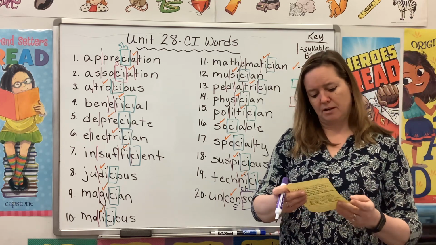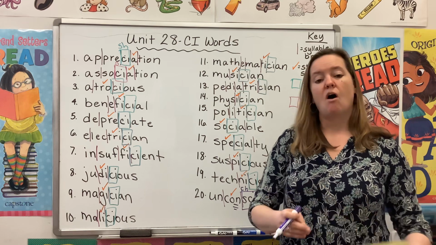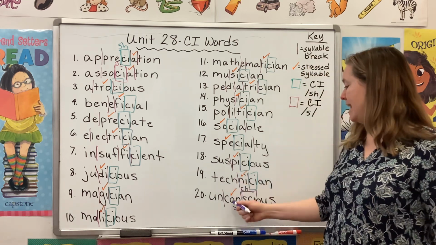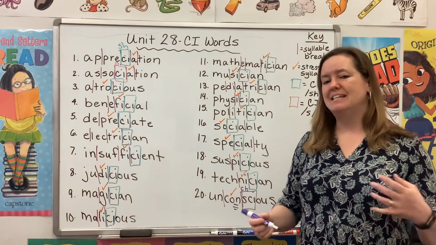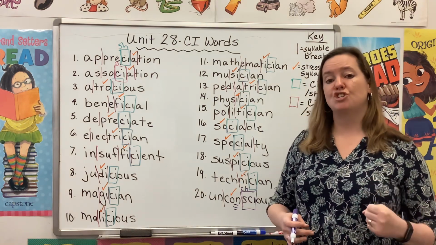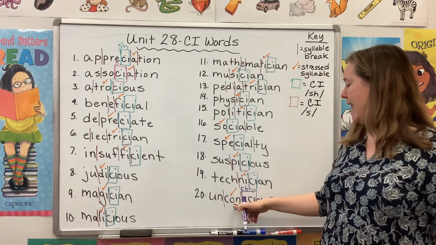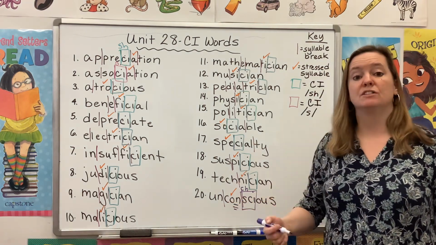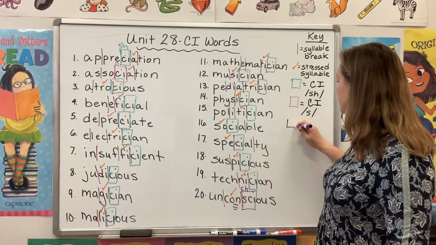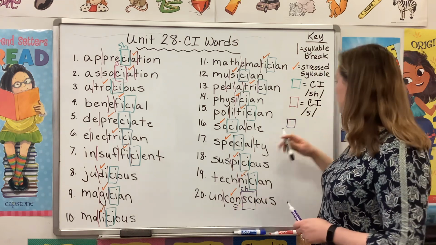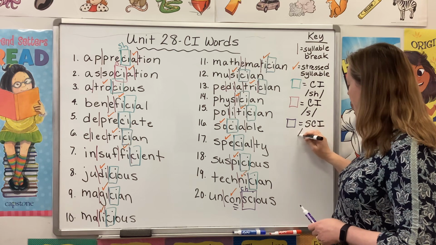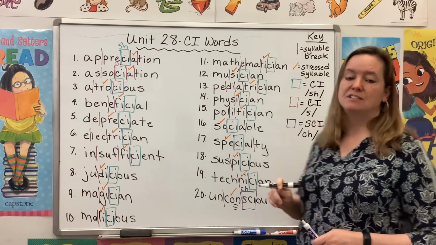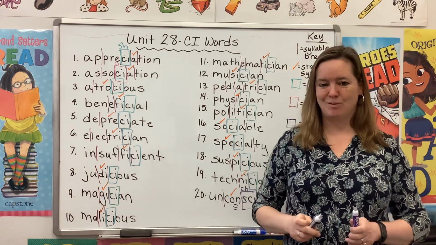I think I wrote down a couple others. Nope, that's it. All of these words that have an N preceding the CI or the SCI take on more of a ch sound. There's something about that N that turns this into a ch. So over here, purple box equals SCI, but that's going to make a ch sound.